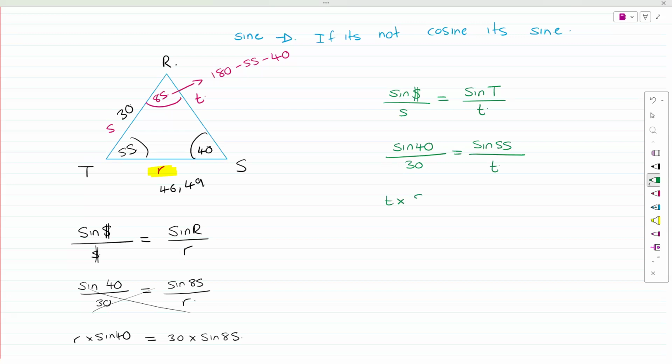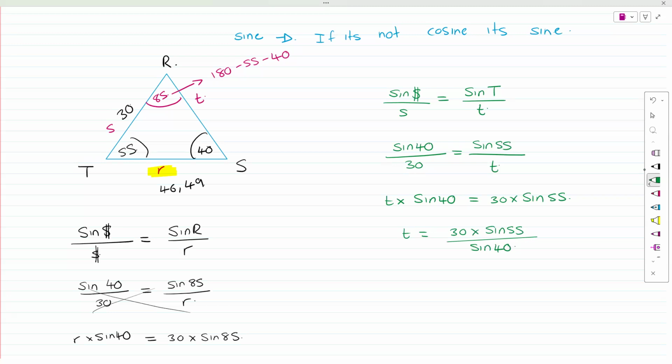You end up with t times sine 40, which equals 30 multiplied by sine 55. Right? And then t is equal to 30 multiplied by sine 55 all over sine 40.